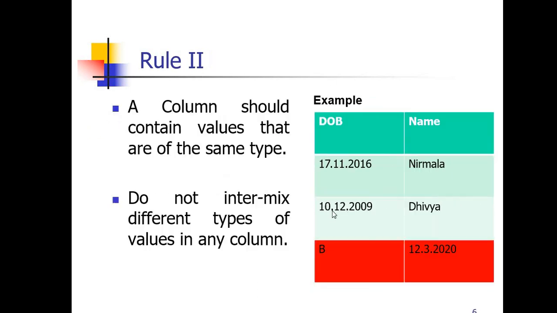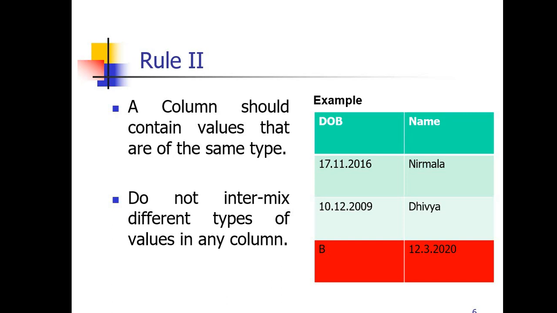Next rule. The column should contain values that are of the same type. Do not intermix different types of values in any column. Let us consider the example. In the first column, we have the attribute date of birth. In the first two rows, it consists of the corresponding domain values.